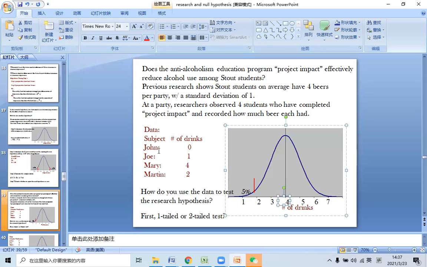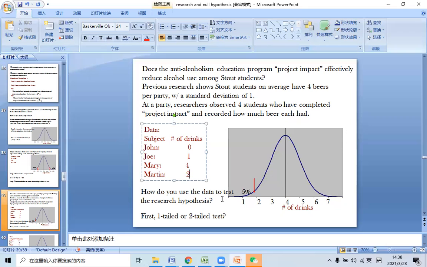In the data, you have four individuals: John, Joe, Mary, Martin. John had none at all, not a beer, not any alcoholic beverages. Joe had 1 beer. Mary had 4. And then Martin had 2.